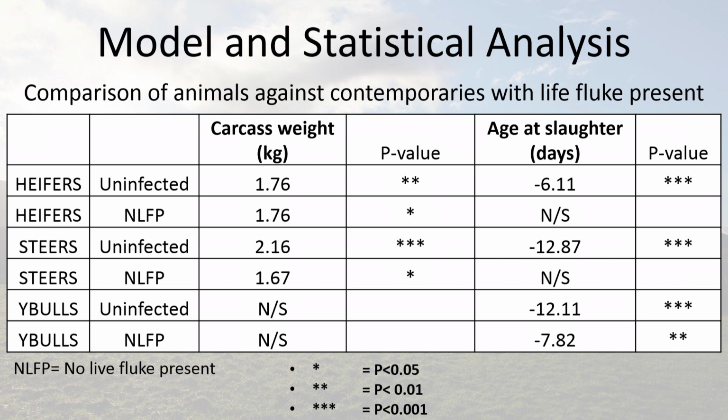The positive here is comparing the fluke infected to the uninfected. So our uninfected animals' carcass weighed 1.76 kilograms more. And if you aren't infected with fluke, you take less time to actually get to the abattoir at a correct weight. So not surprising. I apologize for showing very obvious data, but it's good to know it's there and we have statistical significance.